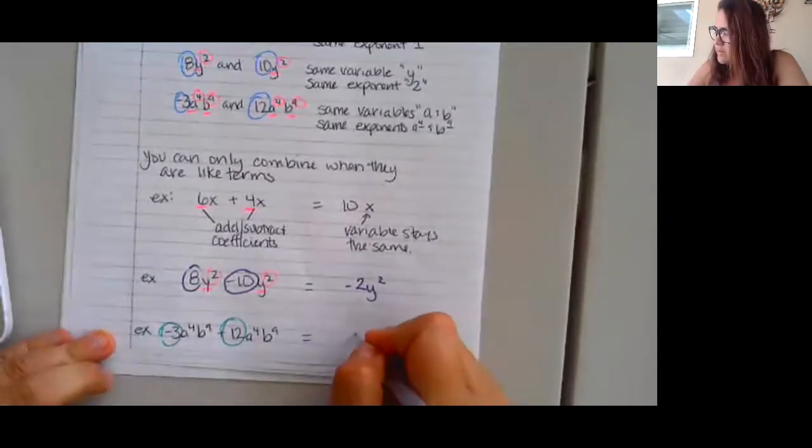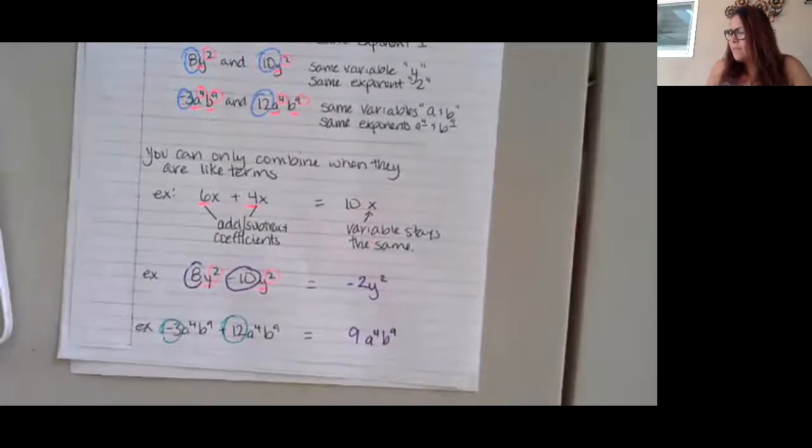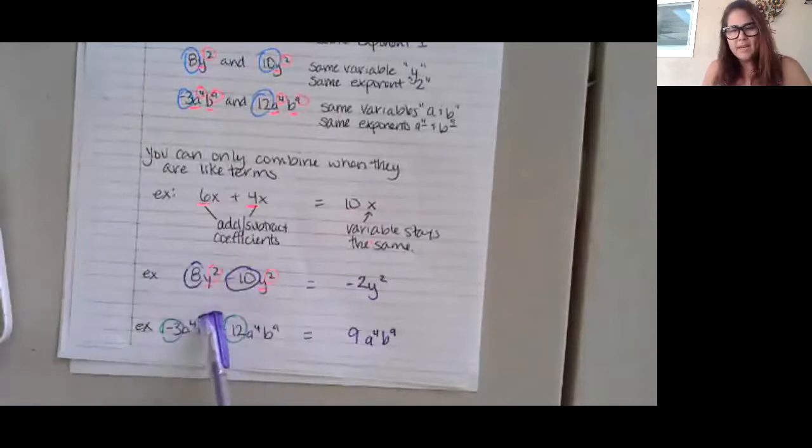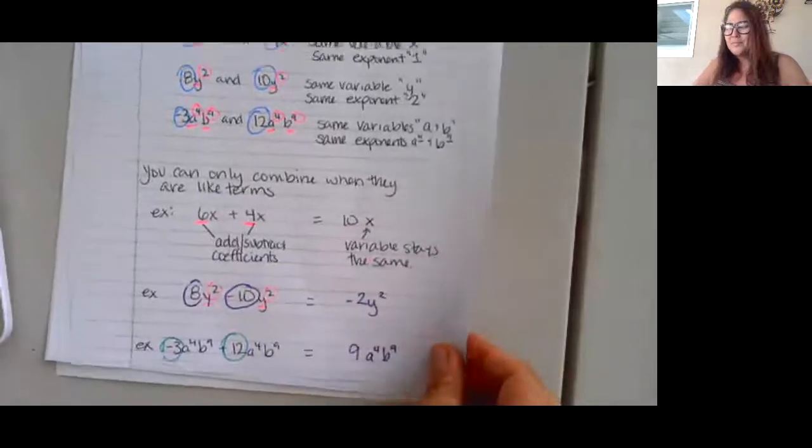So my answer is going to be 9, a to the 4th, b to the 9th. Okay, so you have to have like terms to combine, and then you can add or subtract them. Again, the only thing that can be different are the coefficients. The variables and the exponent have to be the same. All right, so let's continue.